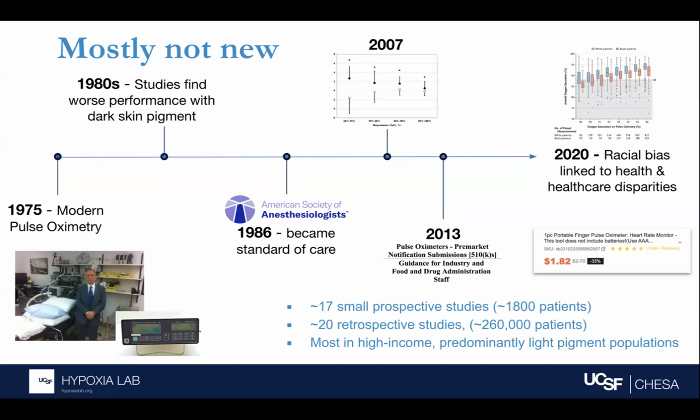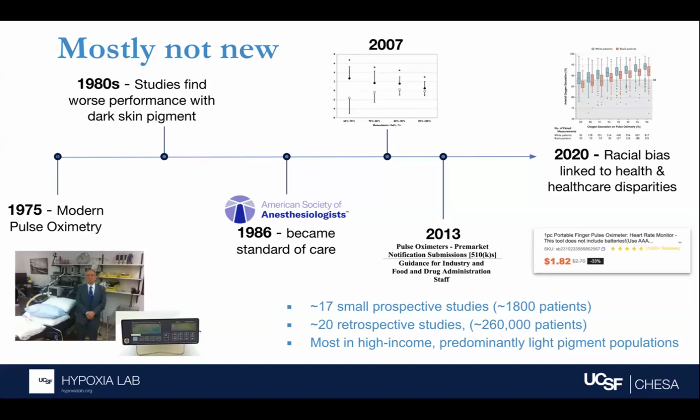In the early 2000s, data in a more controlled way began showing this bias linked with skin pigment, but the bias was relatively small and at lower saturations and was thought perhaps not to be as significant as we're seeing that it is today. 2013, this is the US FDA regulatory guidance that incorporated some recommendations on how to ensure diversity of skin pigment in the testing cohorts, but that was really the first time that was present in any regulatory guidance.